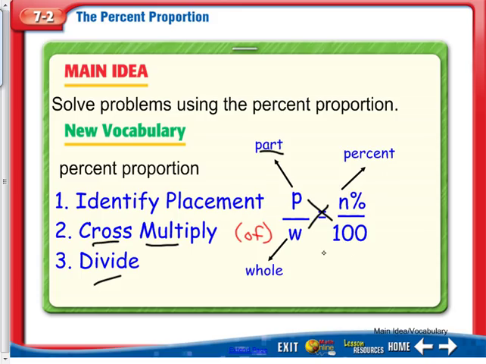Always put it in these spots. Remember, of and whole go together. Is will be close to the part. N is easy to find because it's a percentage, and 100 will never change. Okay, and then the next step, we just always cross multiply and then divide by the coefficient. And then you'll be able to solve the problem like that each time.